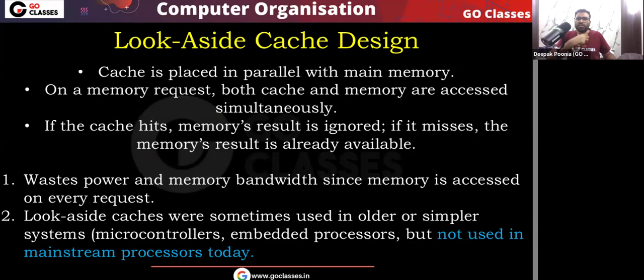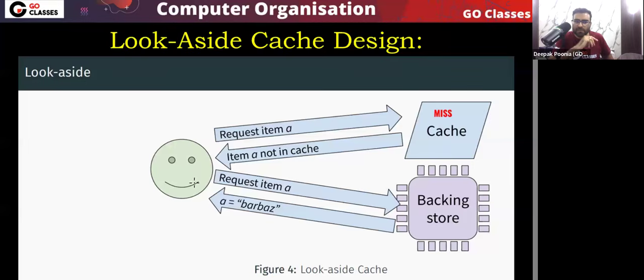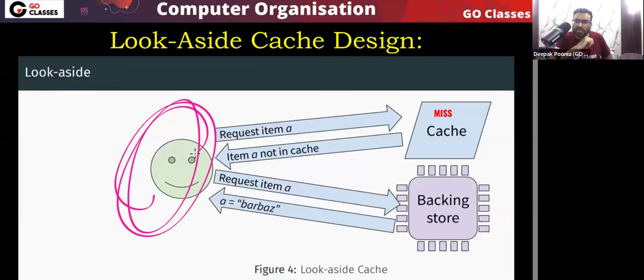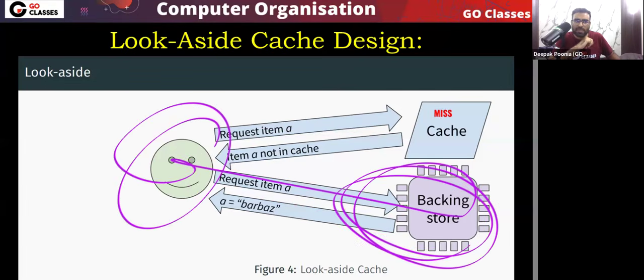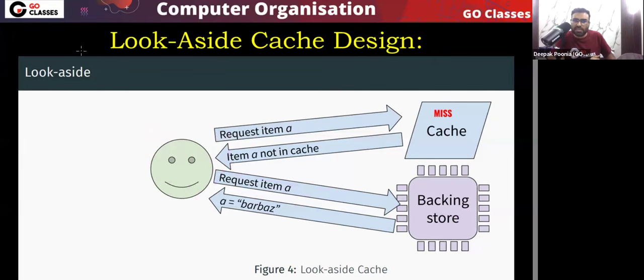Now you can imagine what are the downsides of this look aside cache design. Can you imagine what are the downsides? See, the downside is very simple. For every memory request, we are accessing cache as well as main memory. Yes or no? See, in the look through cache design, only when there is a cache miss, then we are accessing the main memory.